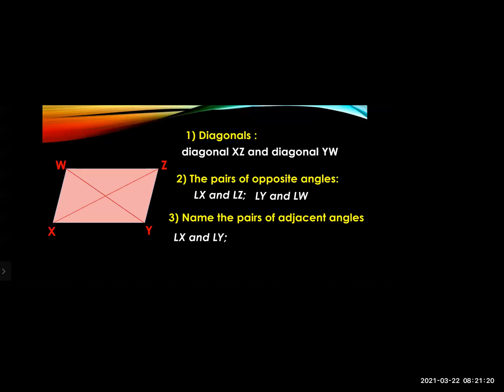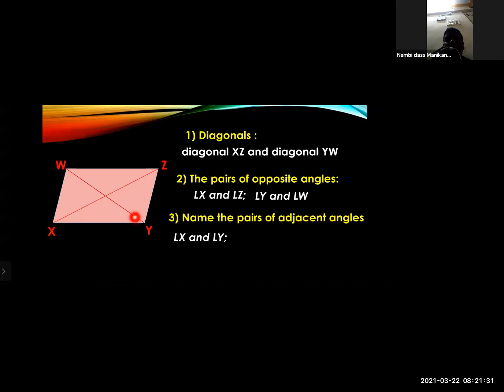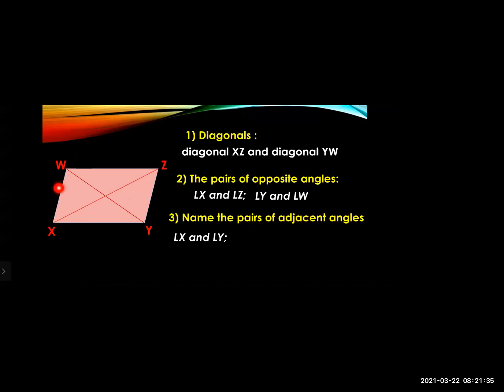Good try. So angle X and angle Y are the adjacent angles. Now, can you tell me more? Angle YZW and angle ZWX. Very good. So angle YZW and angle ZWX. Okay, well done. Now more are there.